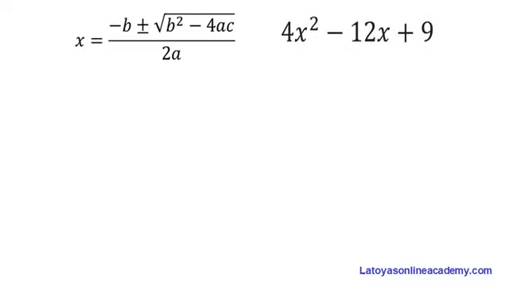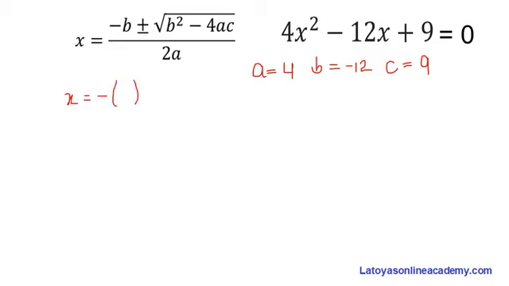We have 4x squared minus 12x plus 9 is equal to 0. Now let's label what is A, what is B, and what is C. A is going to be positive 4, B is going to be minus 12, and C is going to be positive 9. Now we're going to substitute our values. X is equal to minus, in brackets, I'm going to put what B is, minus 12.